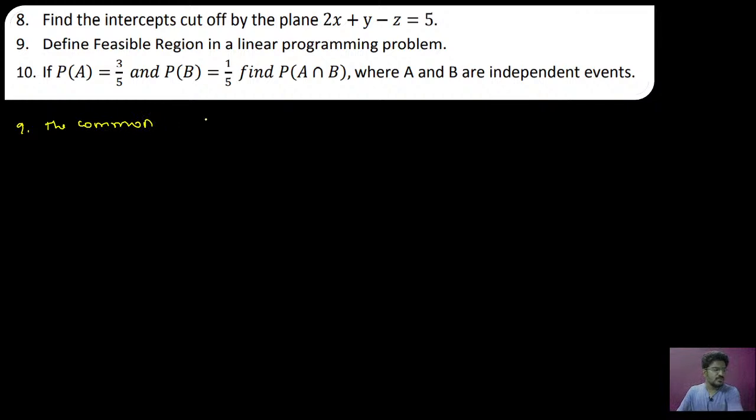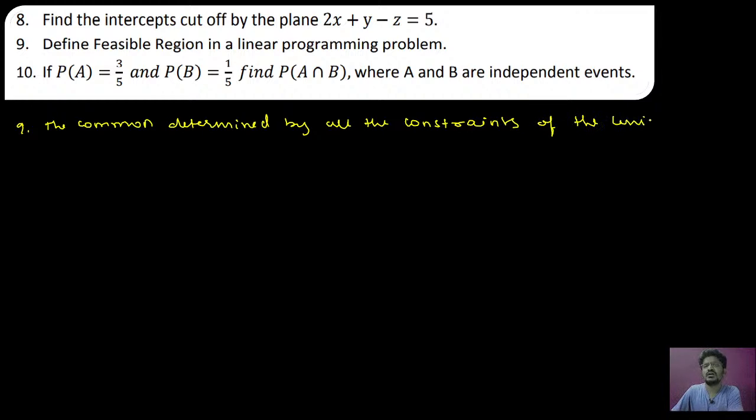determined by all the constraints of the linear programming problem. Okay, so what is your feasible region?